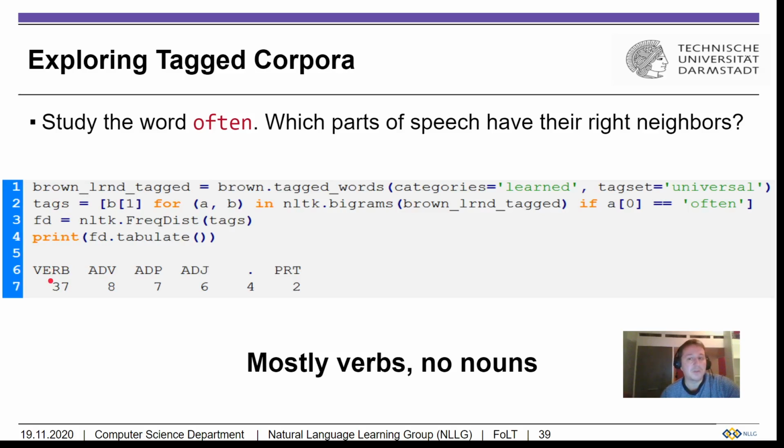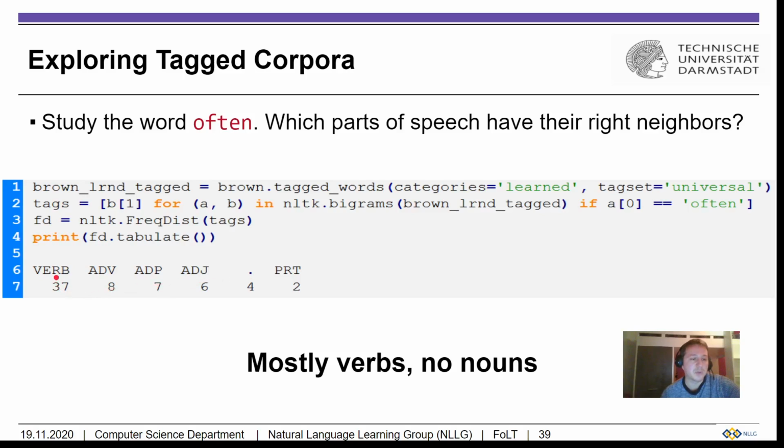What's coming out is that verbs are most often coming after the word often, then adverb, adposition, adjective, and punctuation. You see that this is a very small sample, so there are hardly 50 or 60 instances, and what we've been guessing, that the word often stands at the end, is actually not very frequent here.